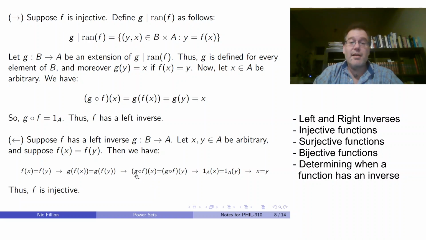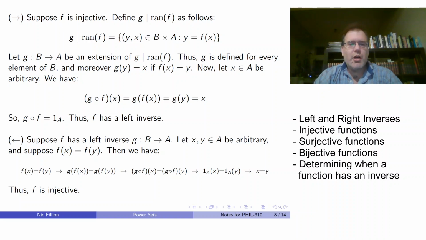Now, since g is a left inverse of f, that means that that composite here is just the identity on A for both. So IA of x equals IA of y, which just means that x equals y, because this part here equals x, this part here equals y, so x equals y. And since f of x equals f of y now is seen to imply x equals y by the transitivity of implication, it follows that f is injective. So this is how that theorem is working here.